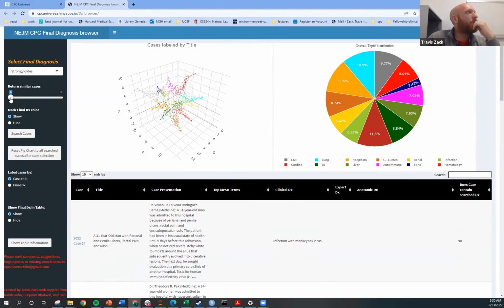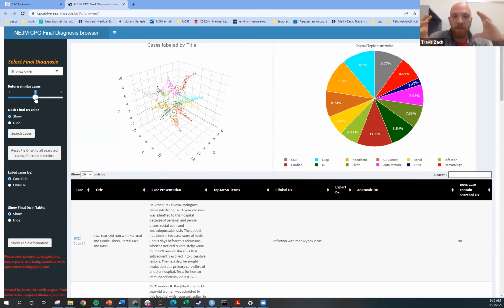So what I did was create a return similar cases filter, which allows you to find cases that are similar to a strongyloides case using natural language processing and machine learning. Basically, these are cases the AI thought were similar based on the differential diagnosis discussion. There's a long section of differential diagnosis where the patients are discussed.